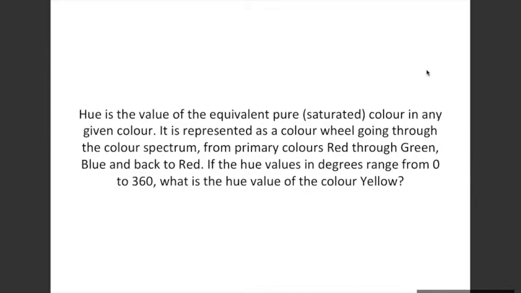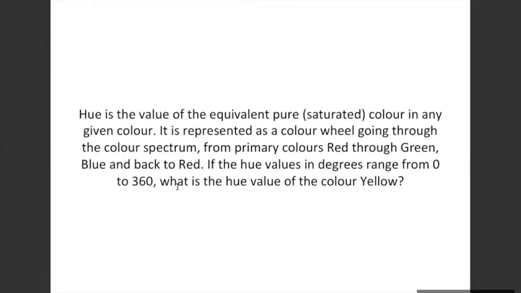Hue is the value of the equivalent pure color in any given color scheme. Here the color wheel you have is RGB, and the hue value will vary from 0 to 360 degrees, because 360 degrees is the angle of the circle. So what you have to find is the hue value of the color yellow.